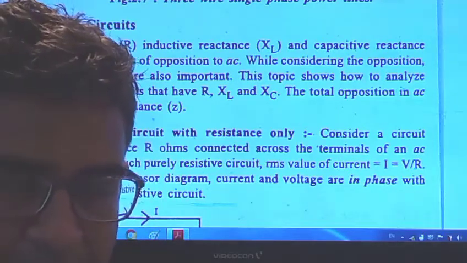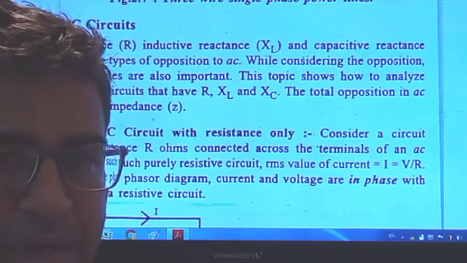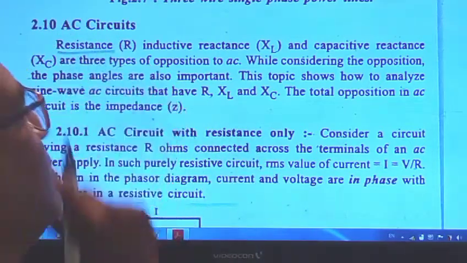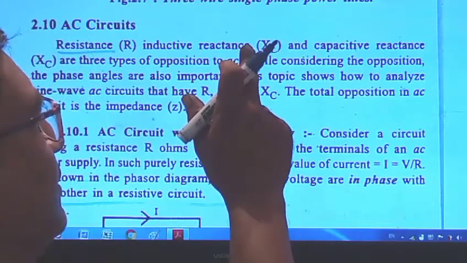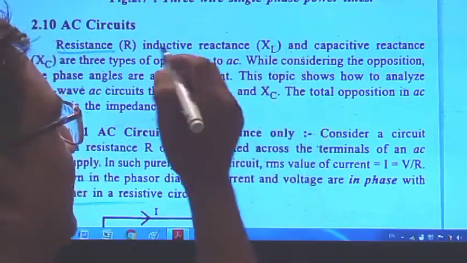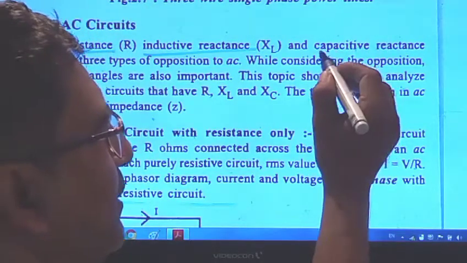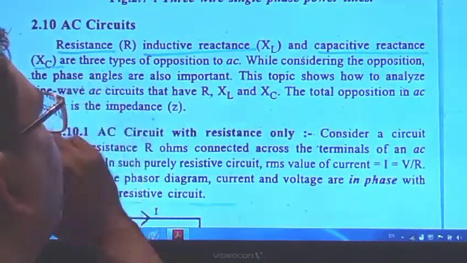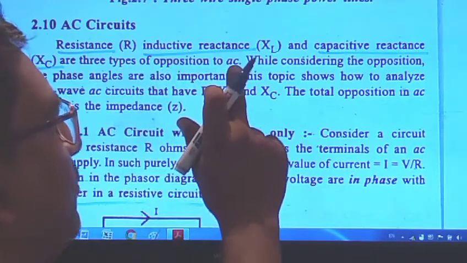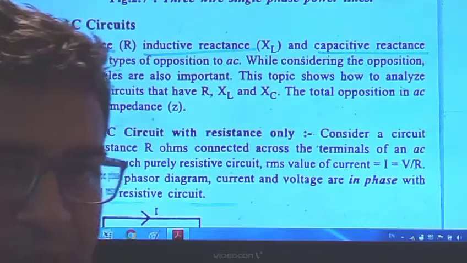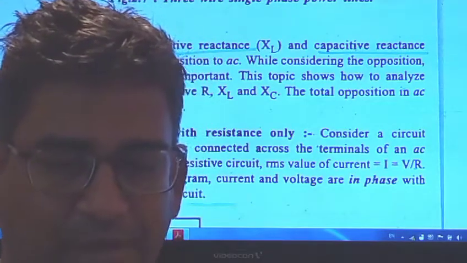In an AC circuit, a resistor is considered as resistance, XL is the inductive reactance, and the capacitance gives the capacitive reactance. These are the three types of opposition to AC.